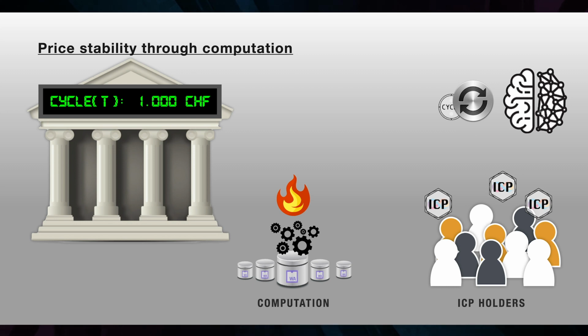The Internet Computer's use of computation to produce a stable value for cycles is potentially revolutionary. Holders of cycle tokens receive a guarantee that, so long as the internet computer is running, eventually all surplus cycles will be burned and the value of their cycles will return to its usual peg.